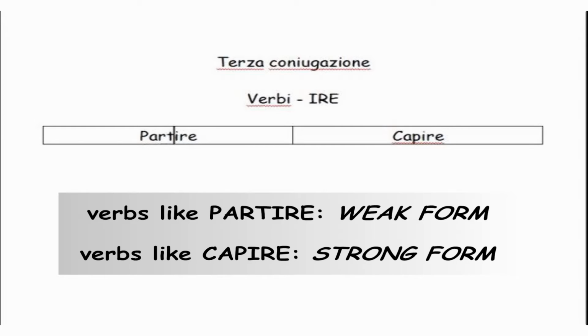I call the first set weak form and the second set strong form, but that is not the technical terminology. I'm just using these two terms to distinguish between verbs like partire and verbs like capire. And we are going to go into the conjugation and you will see the difference. But pay attention.